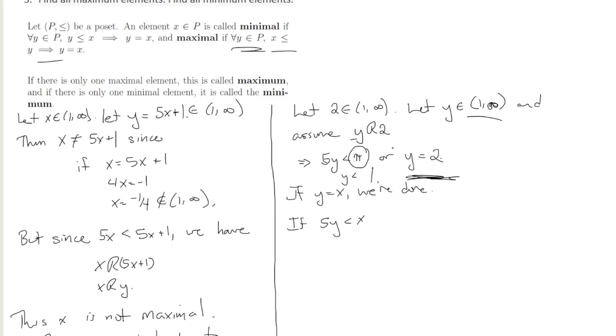Pi is in the interval from 1 to infinity. And if 5y is less than pi, that means y is less than pi over 5, which is less than 1. And that can't happen, so y must equal pi. So in other words, it's not just 2 or 3 or 5. It's every number in this interval that's less than or equal to 5.